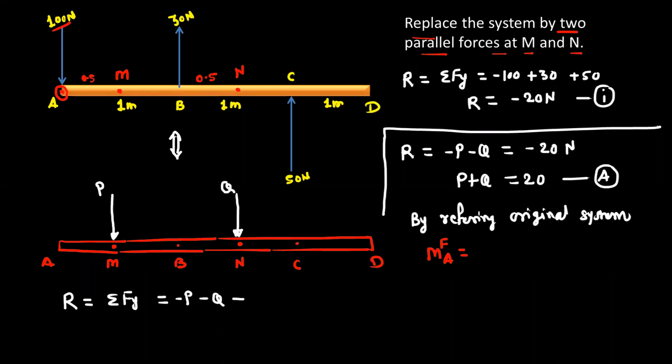So that moment will be 0, because for the moment, we need force and perpendicular distance. So for 100 Newton, distance is 0.